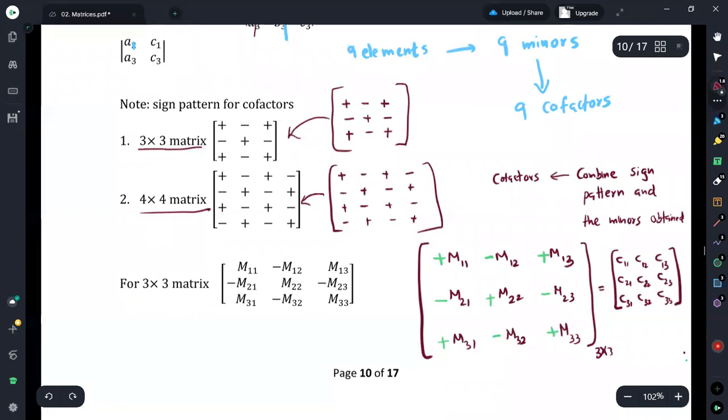This is what we are saying as the matrix which includes the cofactors. Therefore, C11 is plus times M11, C12 is minus times M12, C13 is plus times M13. Likewise, C33 is equal to plus times M33. This is the way that we are obtaining the cofactors by combining the sign pattern with the minors that we have obtained.